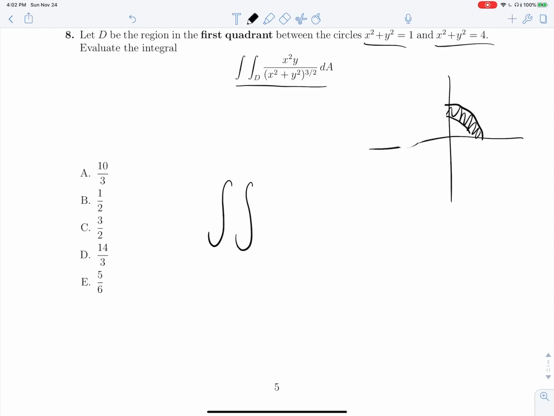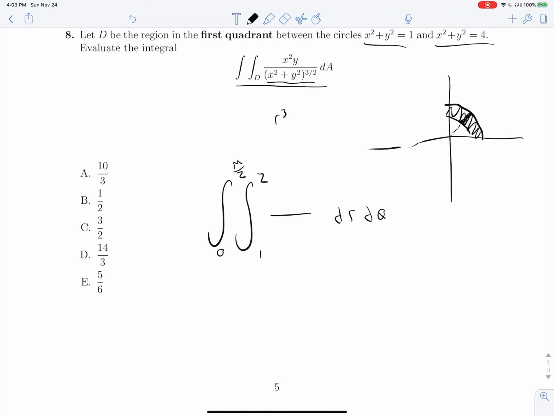We know that our region is going to run dr d theta from 1 to 2, because we want nothing in here, but we do want everything from radius 1 to 2. And then on theta from 0 to pi over 2. And then as our integrand goes, this denominator here will be r squared to the 3 halves, which is just going to work out to r cubed.